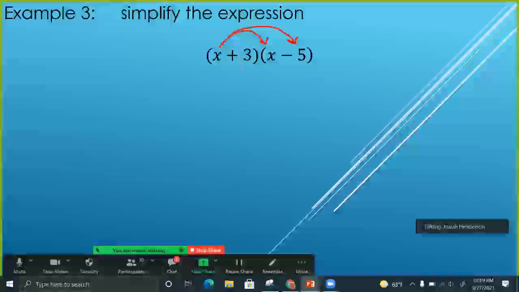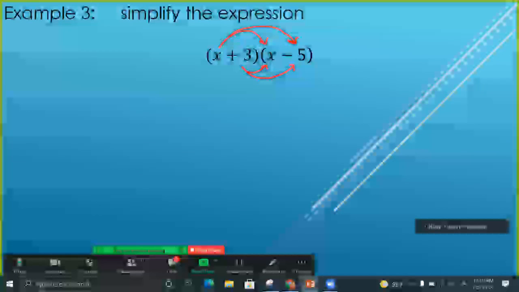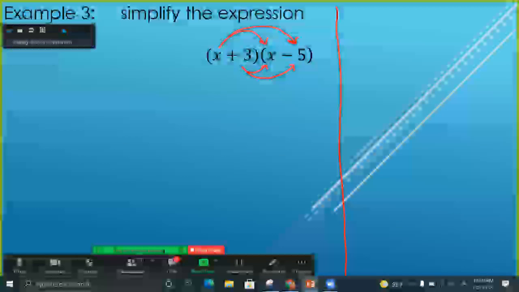So I'm going to write my little arrows out here. If you write your arrows to show you the multiplication, this will show you, okay, I should have 4 different multiplications. x times x, x times negative 5, and then 3 times x, 3 times negative 5. And I'm going to do them all separately off to the side again. 4 multiplications.